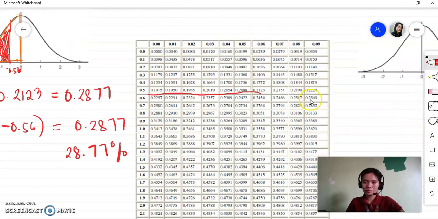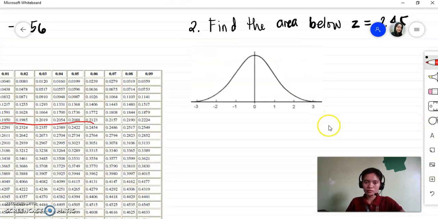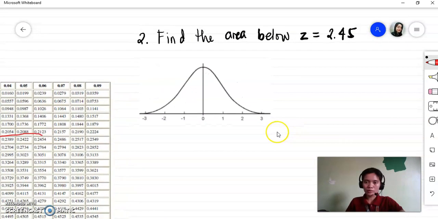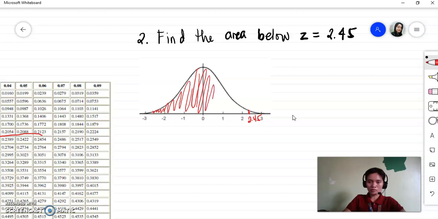Next, example number 2: find the area below z equals 2.45. It's near 2.5, so I'm just going to write 2.45 here. Draw a line below, which means to the left. This is the area that you need to solve for.